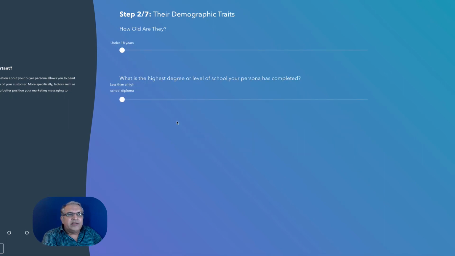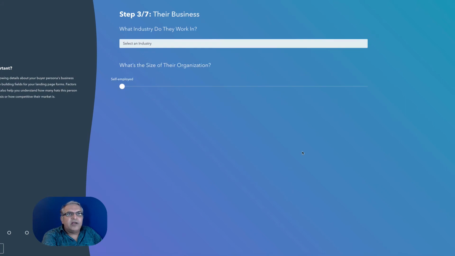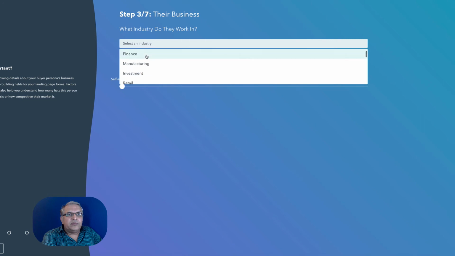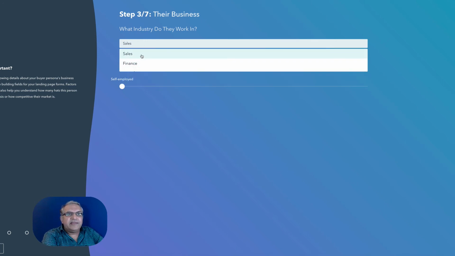She's under 18 years old and she has less than a high school diploma. She could be working in an industry, she could be just a student, so I can choose from different areas here. Say it could be from the sales.